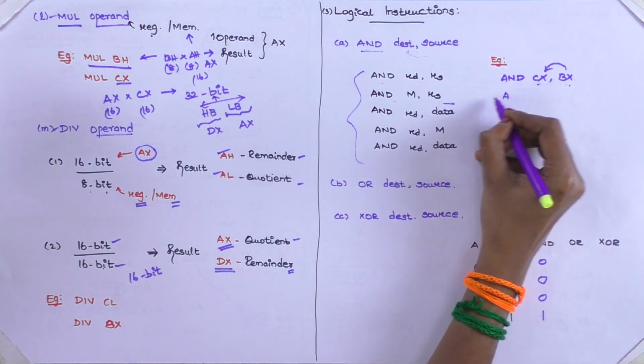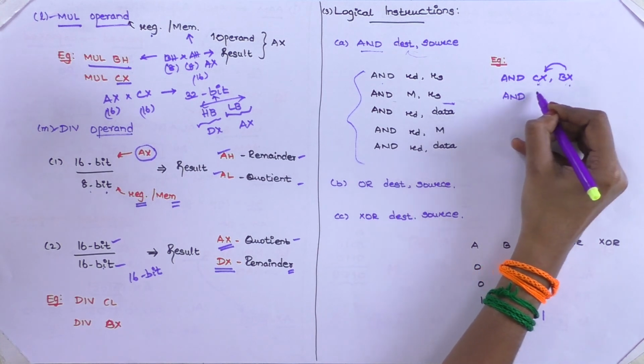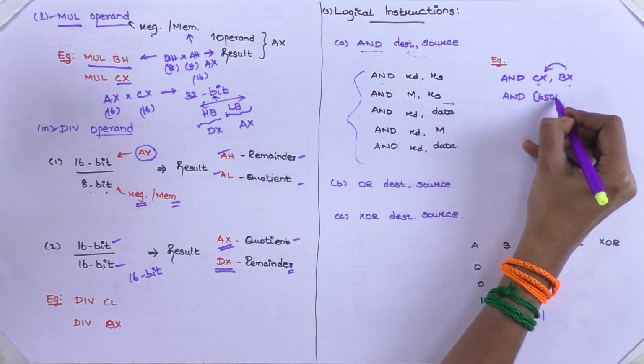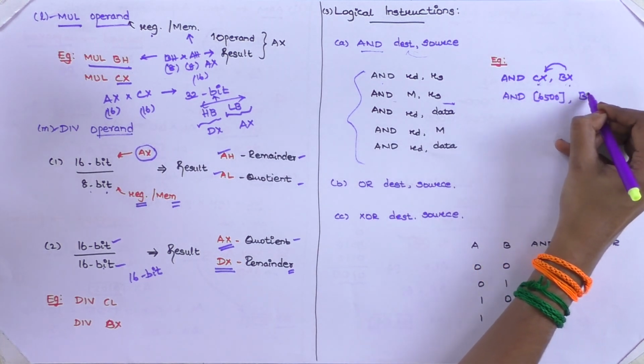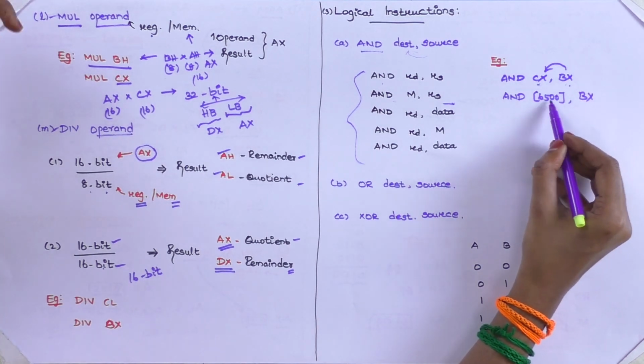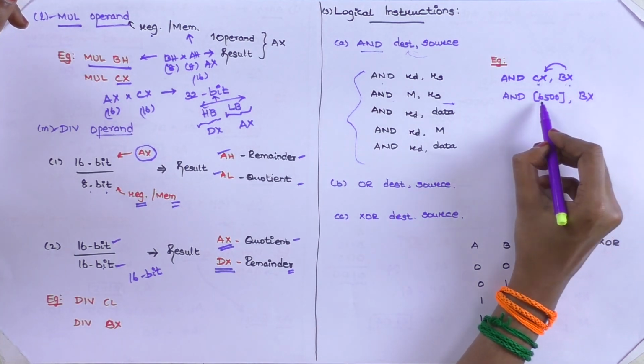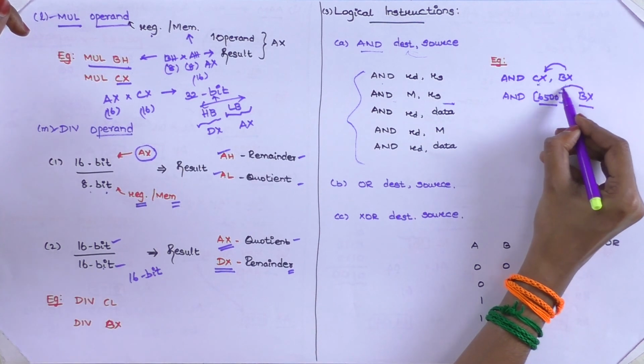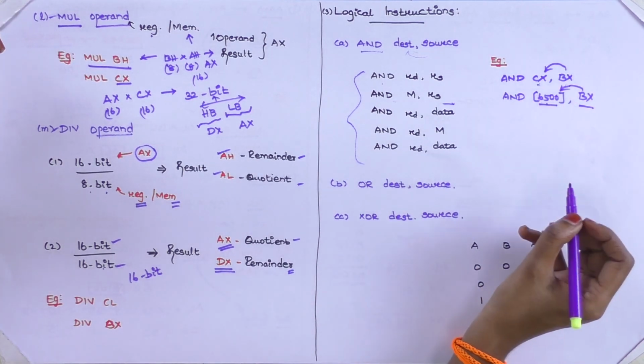An example for memory and register is AND 6500, BX. After ANDing each bit of the memory location and the register, the result is stored again in the memory location.